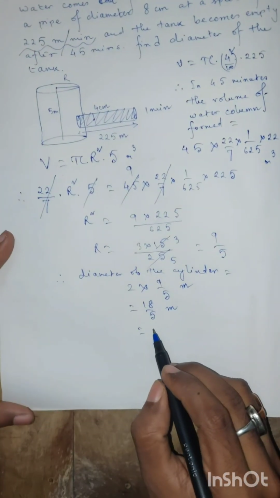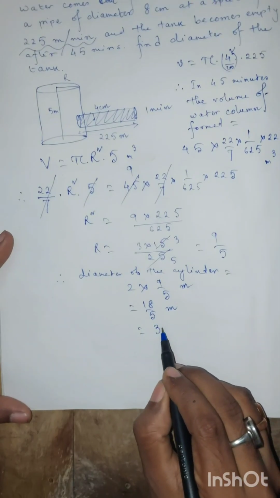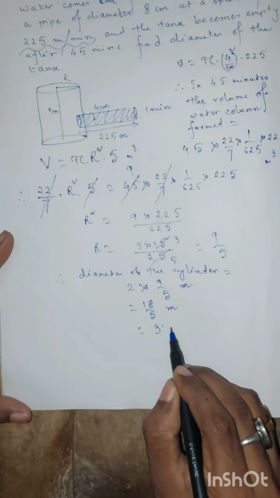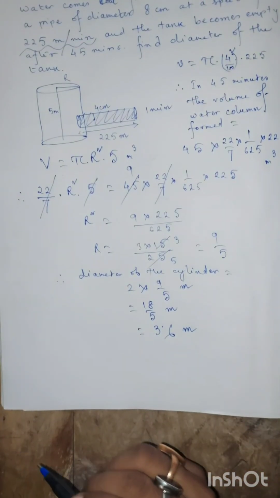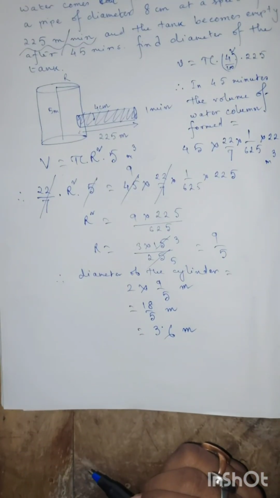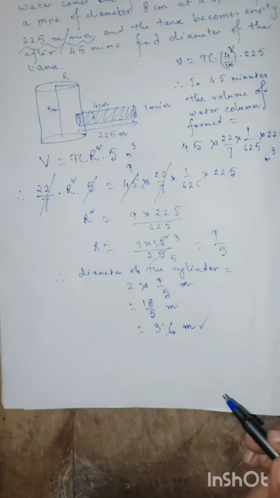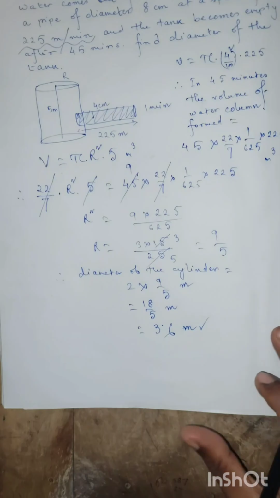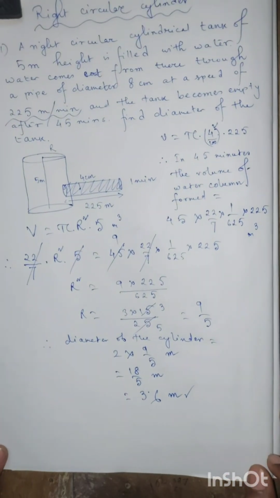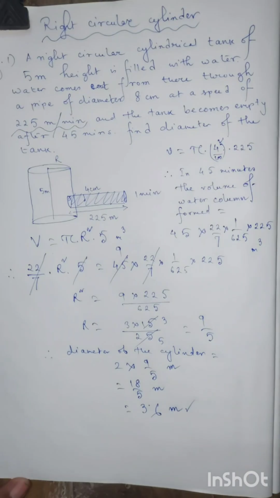So it is equal to 3.6 meter. Okay, so this is our answer, the diameter of the cylinder. So I hope the question is clear to you. This kind of question actually comes in exams.